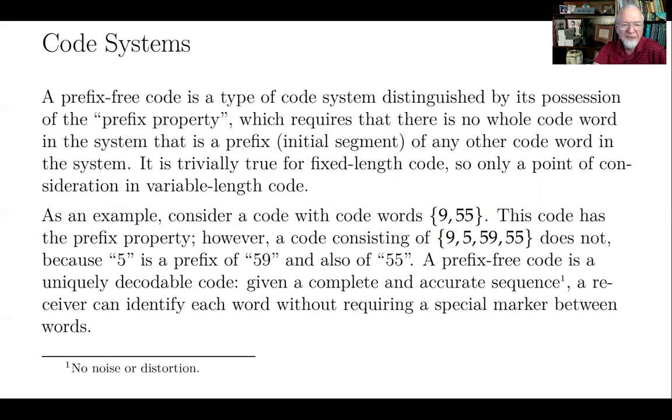A prefix-free code system is distinguished by its prefix property. That's the specific item that tells you that there is a start of a new code. So if we consider a code with code words 9 and 55, this has a prefix property.